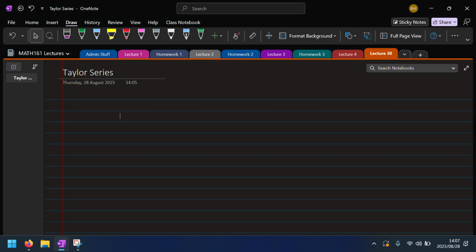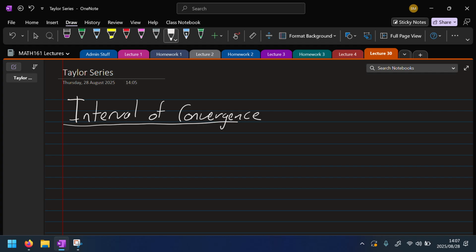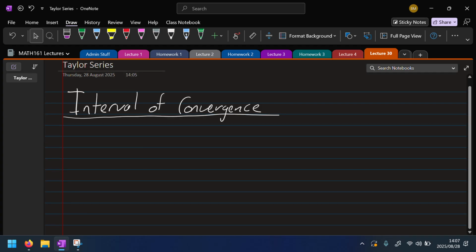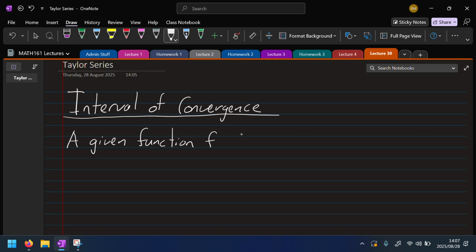Okay, so what is the interval of convergence? A given function, let's call it f, may have a domain being all the real numbers, like your exponential, sine function, cos function, the domain is all of the real numbers.